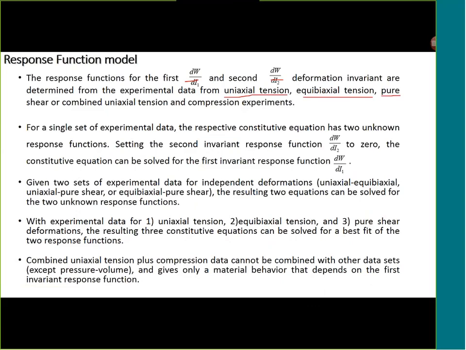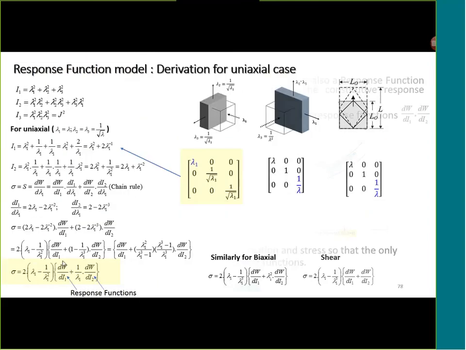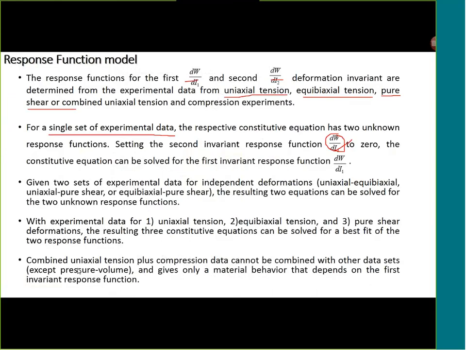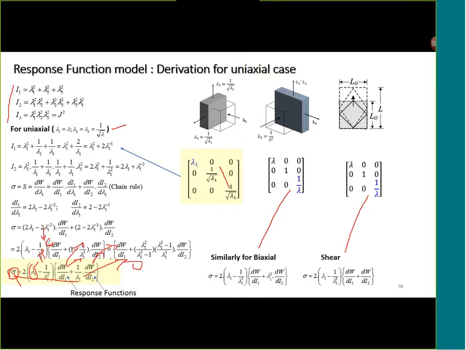We need more test data, more than one. If we have only one single set of experiment, we set the second derivative term to 0, so we have only one unknown that can be predicted. If we have two test data, then we can calculate exactly this and this.